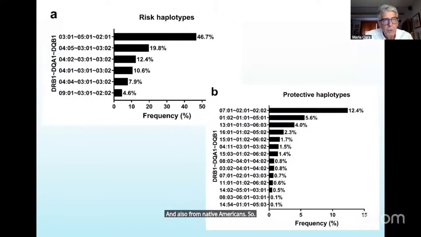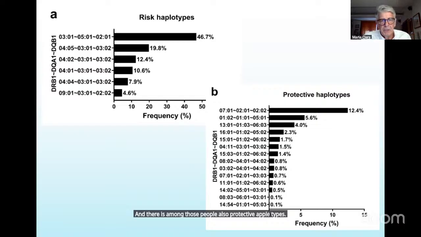So it was possible to calculate risk haplotypes. There is a gradient and a percentage of risk haplotypes with the DRB1*03:01, DQA1*05:01 and DQB1*02:01, with a very important figure, and then 04:05, 03:01 and 03:02. And among those people there are also protective haplotypes.